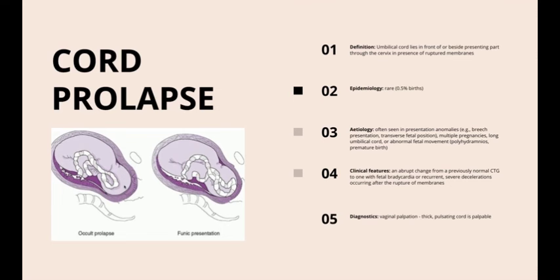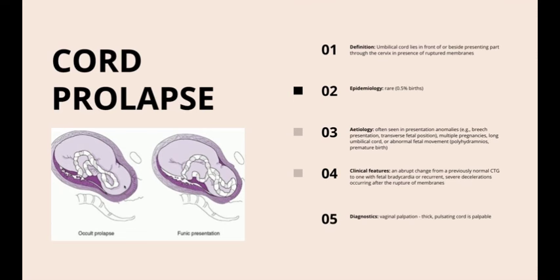Some clinical signs will be an abrupt change in a previously normal CTG, with severe decelerations or fetal bradycardia around the time of rupturing of membranes. And on vaginal examination, there'll be a thick pulsating cord that is present and viewable.